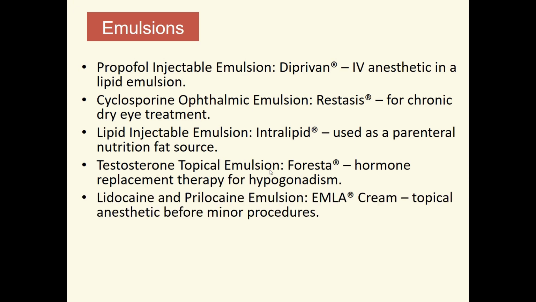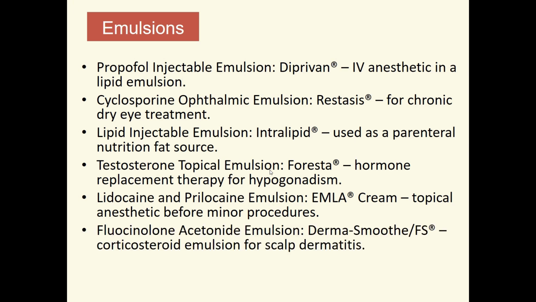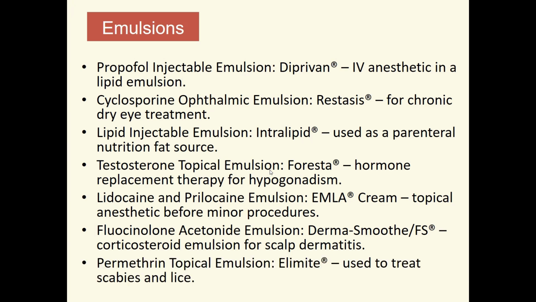Lidocaine-prilocaine emulsion comes under the brand name EMLA cream, a topical anesthetic for minor procedures. And there are steroids for dermatitis. And permethrin topical emulsions are used for treating scabies and also head lice.